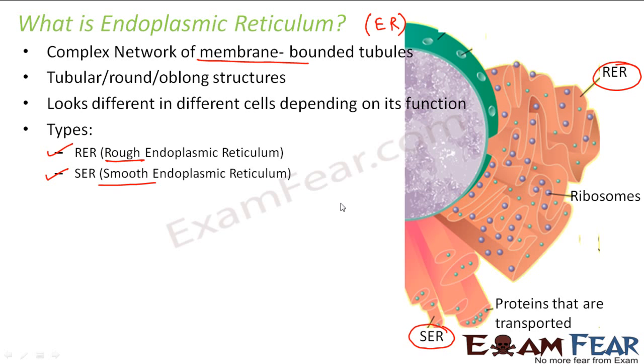It has just magnified the endoplasmic reticulum's picture. Here you can see tube-like structures forming a network. These are the rough endoplasmic reticulum and these are the smooth endoplasmic reticulum. We will talk about both RER and SER in detail in the next slide.